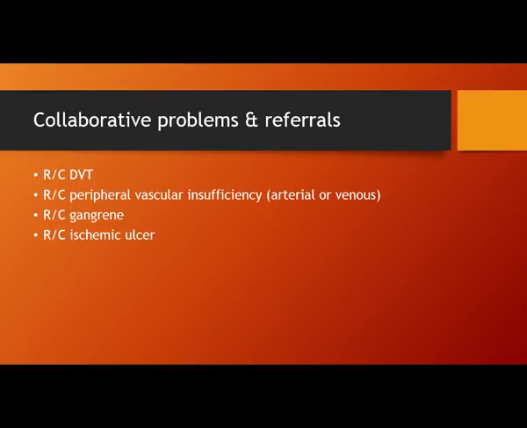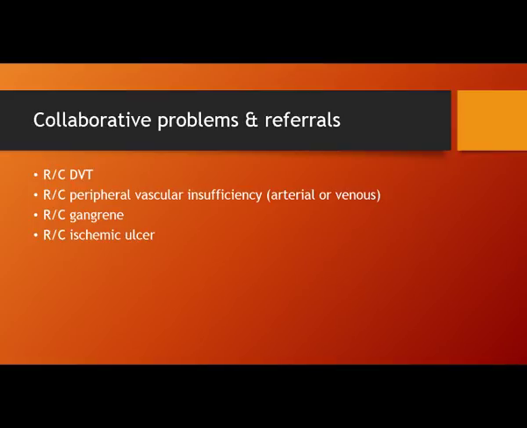You might continue to do your assessment of the rest of their body, but you're not going to make them move. You're going to elevate that limb, try and keep it still, keep them in bed, and ask for orders for, say, some Doppler studies to rule out DVT.